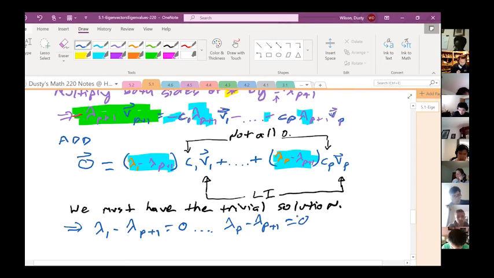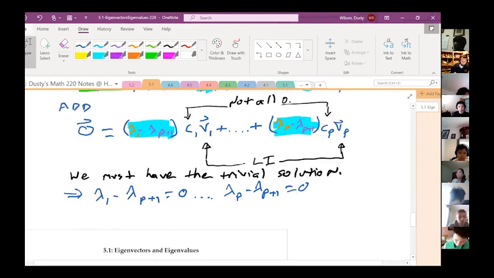Notice what this would be saying, and this would be true for at least one of these. So at least one of these must be true. If, for example, that was lambda1, that would be telling us that lambda1 equals lambda_{p+1}.